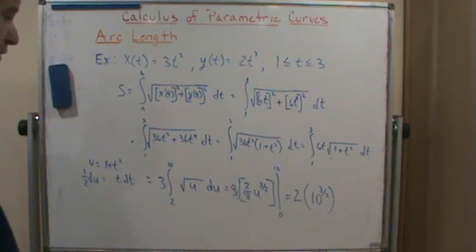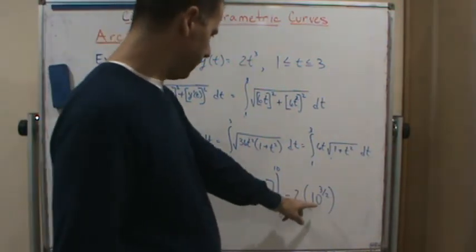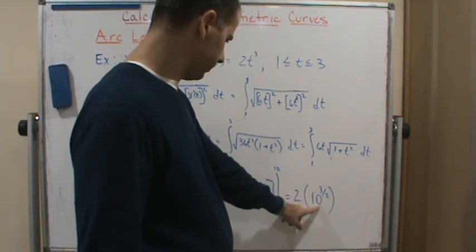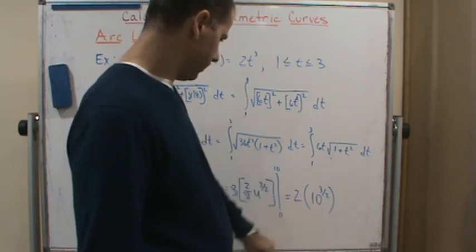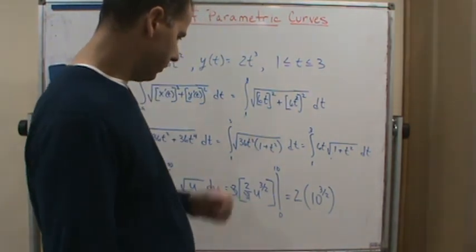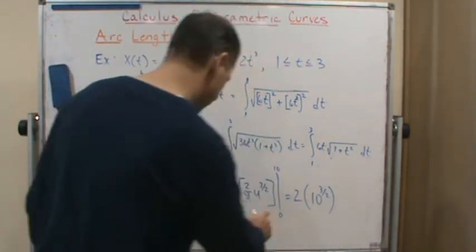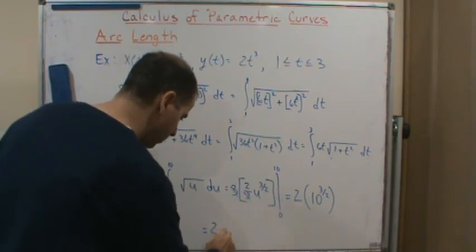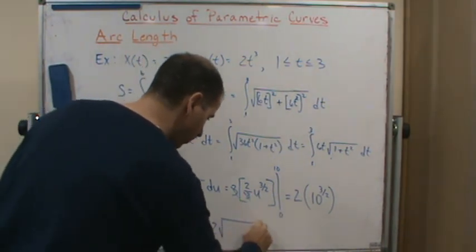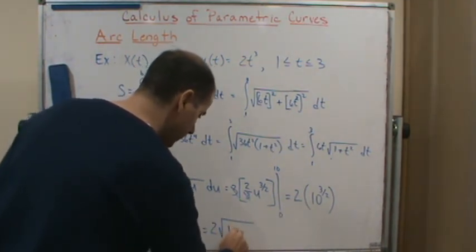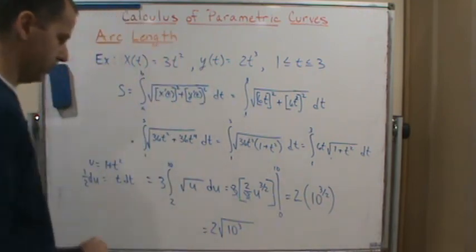And that's pretty much it. So again, we could cube this. So this can be written as 2 times the square root of 10 cubed.